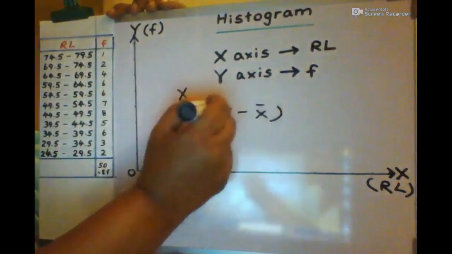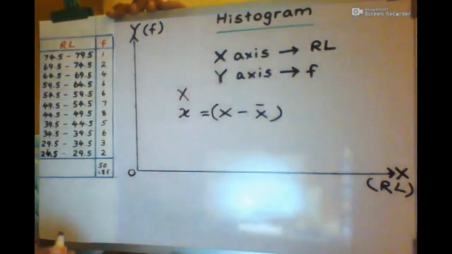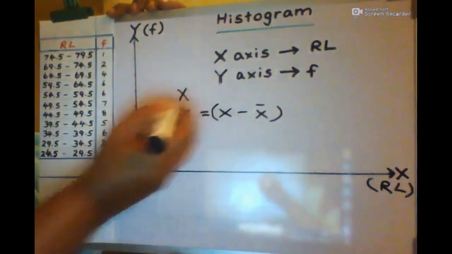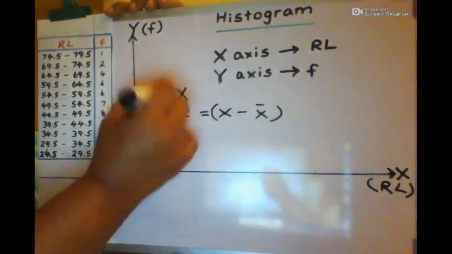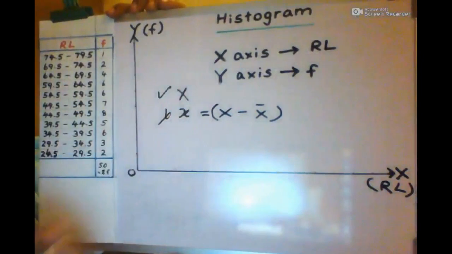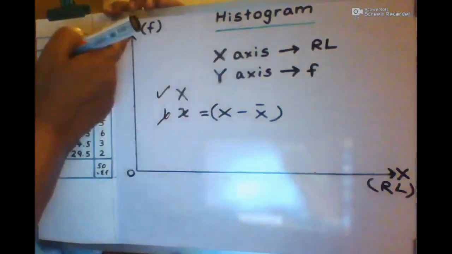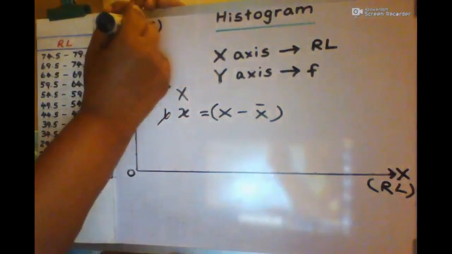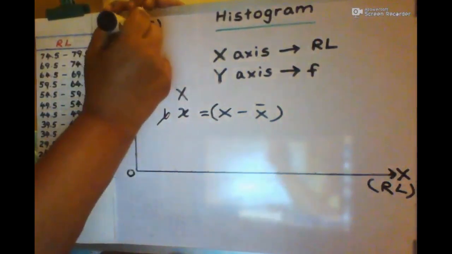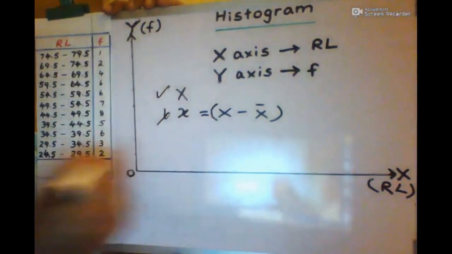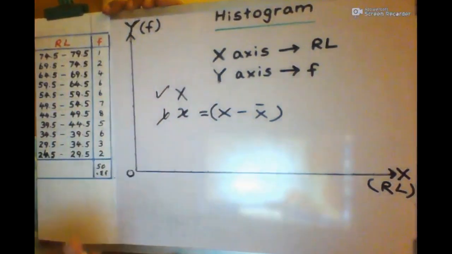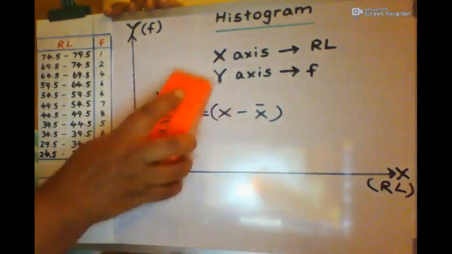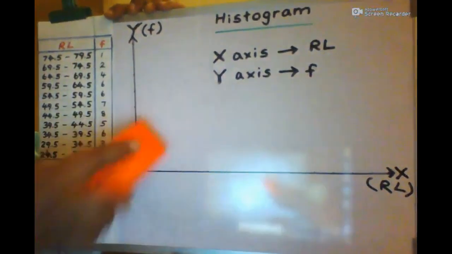There's another formula, so here don't write simple X. It should be capital X. Similarly, you have to put capital Y here on the Y axis. That's the naming of the axis.